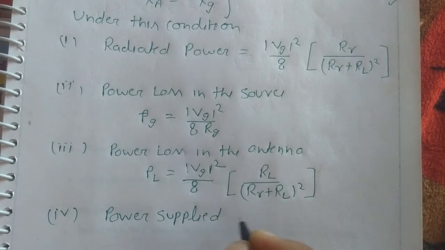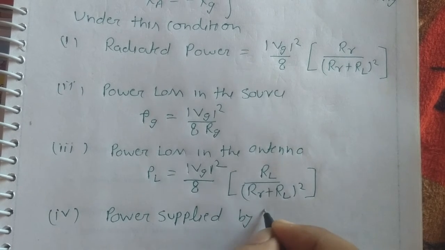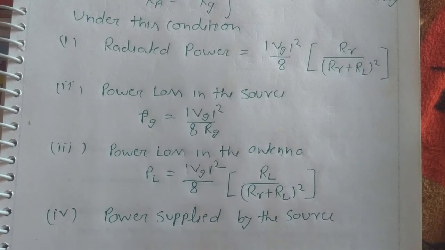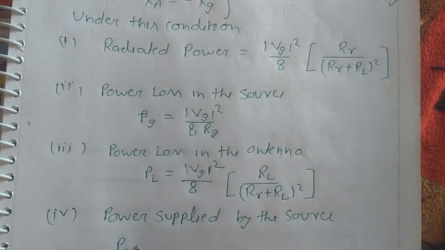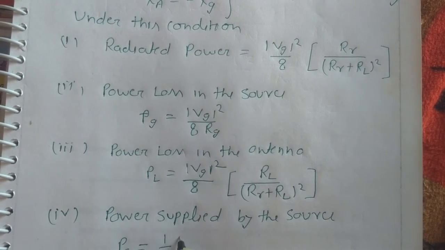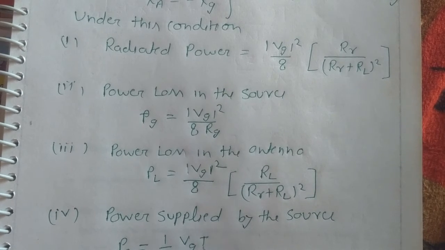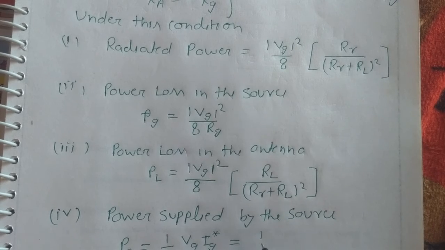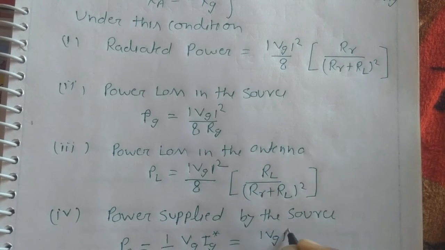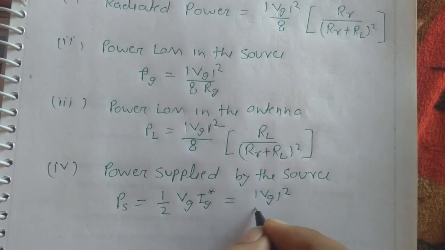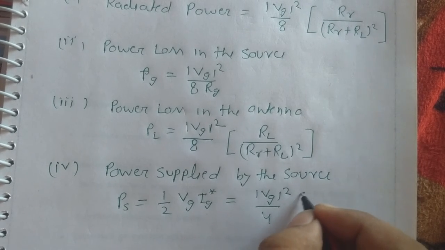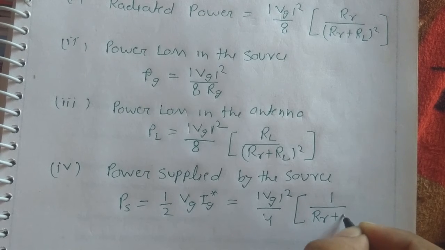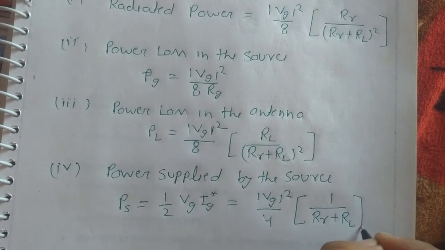Power supplied by the source, PS equal to half Vg Ig complex conjugate. When we put the value, we get mod of Vg square divided by 4 into 1 divided by (RR plus RL).